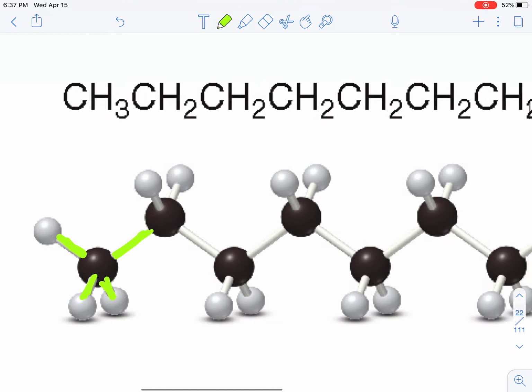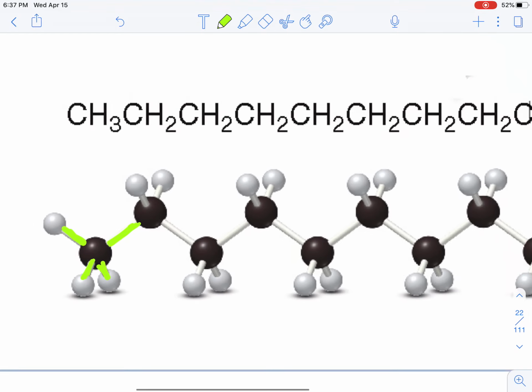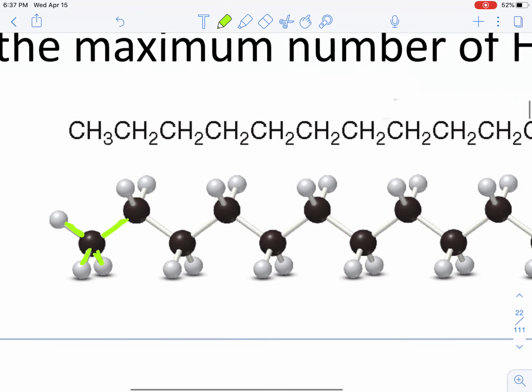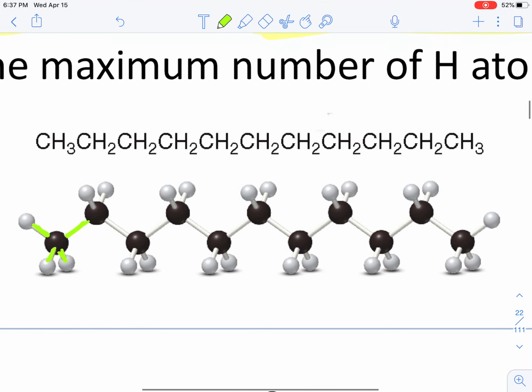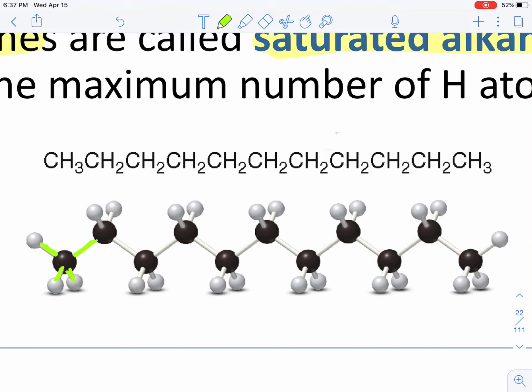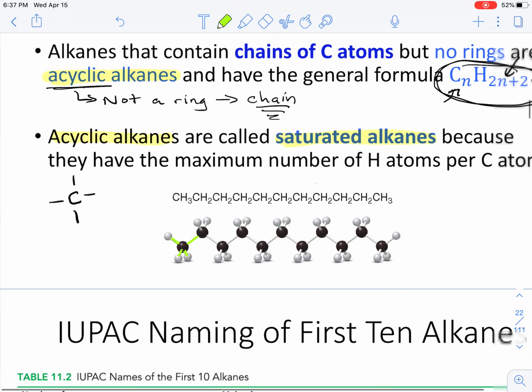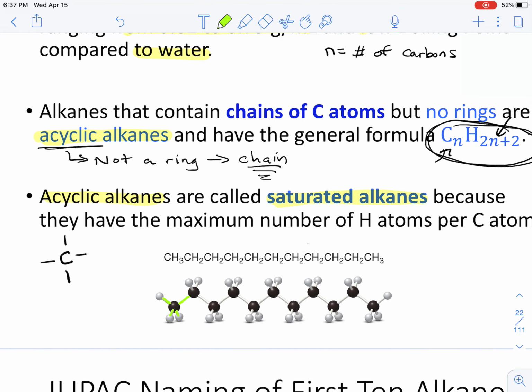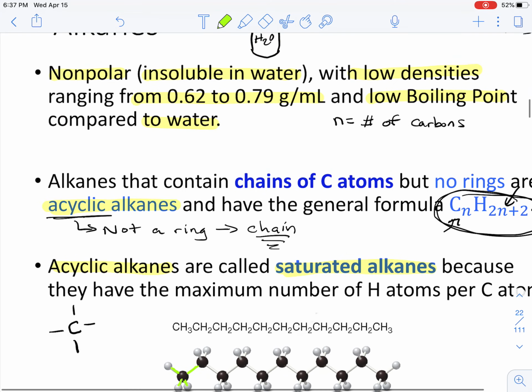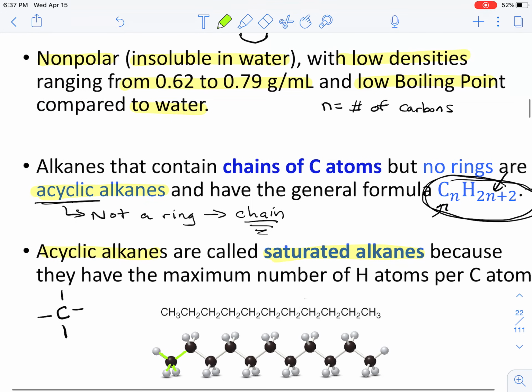And so overall, this molecule exhibits a nonpolar character, just because there's no lone pairs present on the central carbons, and everything else is pretty much symmetrical, right? We all have hydrogens, and the type of bond between carbon and hydrogen is a nonpolar covalent bond. Okay. And so that's what gives it its physical properties. For example, it's nonpolar, so when you try to mix it with water, it'll separate.